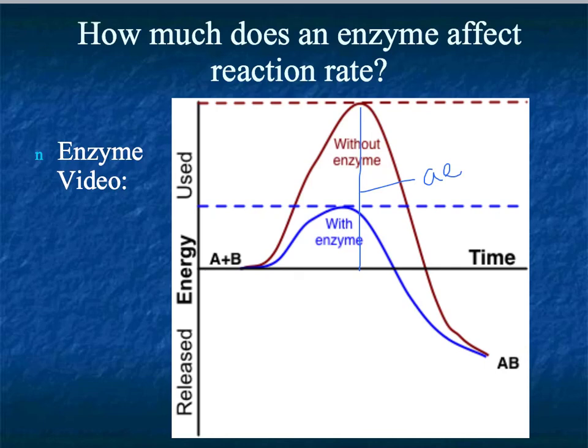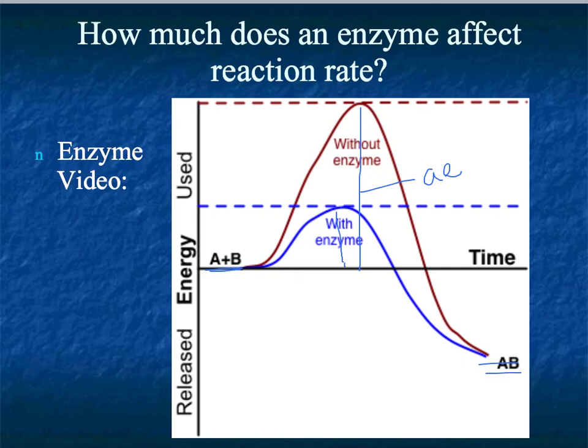This is an exothermic reaction. The products are going to have less energy than the reactants, so there's going to be a release of energy, but there's an initial energy required to get this going. And with the enzyme, it's not as much, because it helps speed up the rate of the reaction.